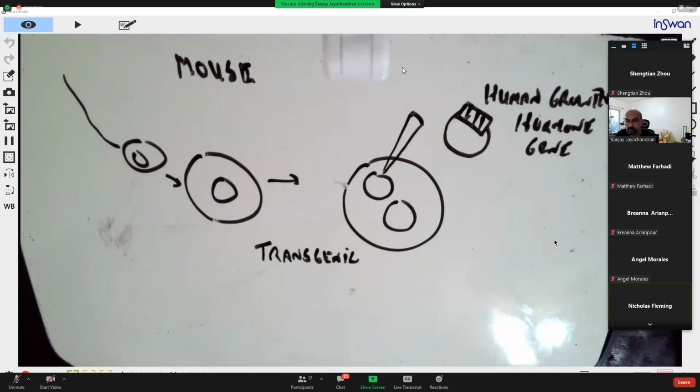Like a human? No. What's the gene? The human growth hormone gene? Okay. So now it's making the human growth hormone protein. What would it look like? It's going to still be a mouse. What's it going to look like?